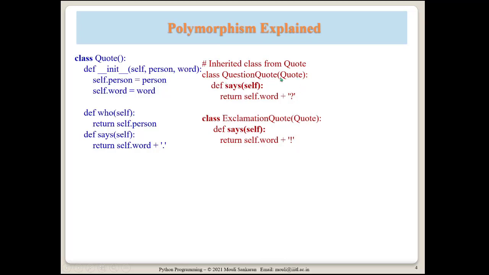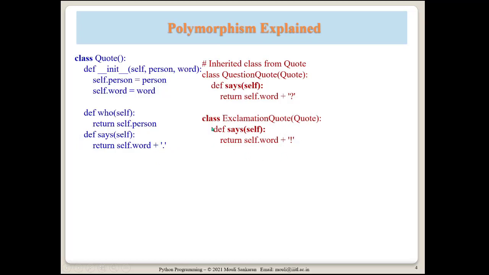Now we have inherited two classes, QuestionQuote and ExclamationQuote, from the Quote class, and we are overriding the says method. So it's no longer going to be called specifically; if you call it with this object only, it will be called.